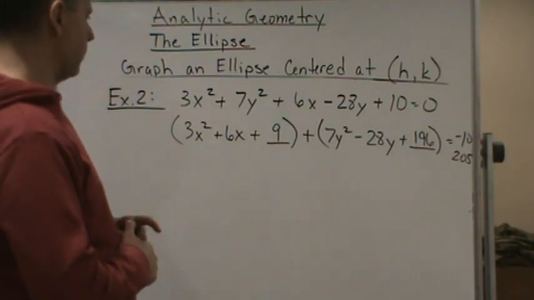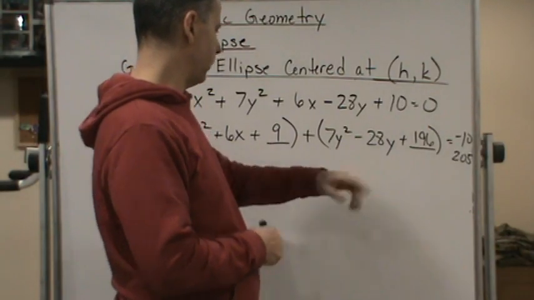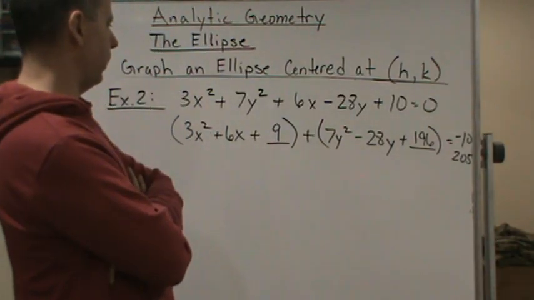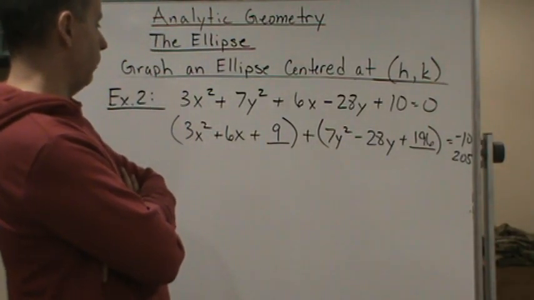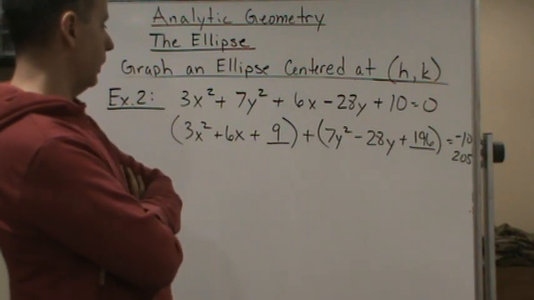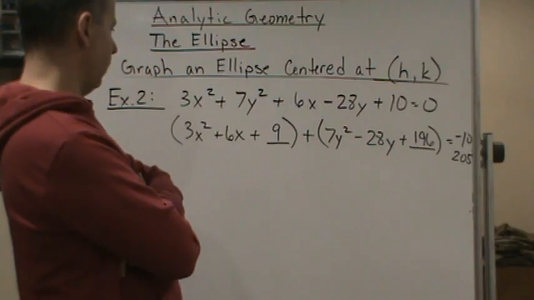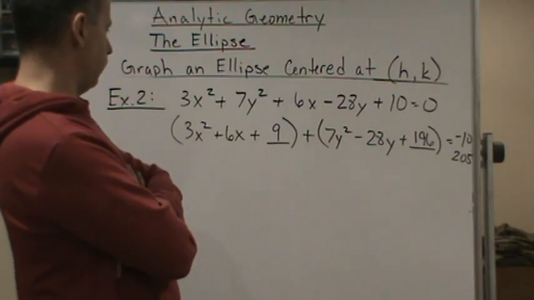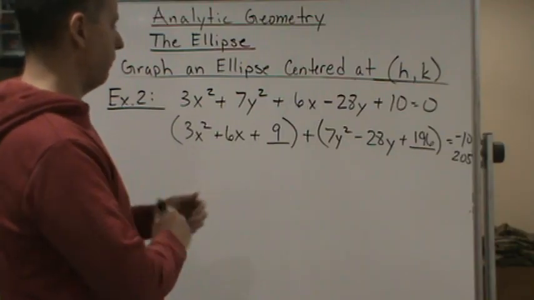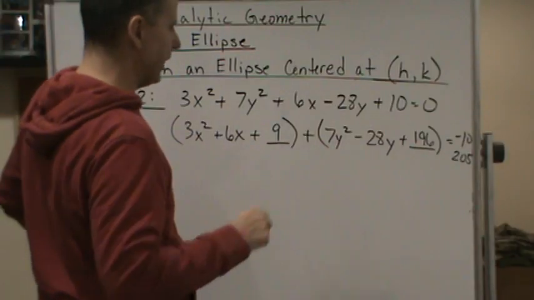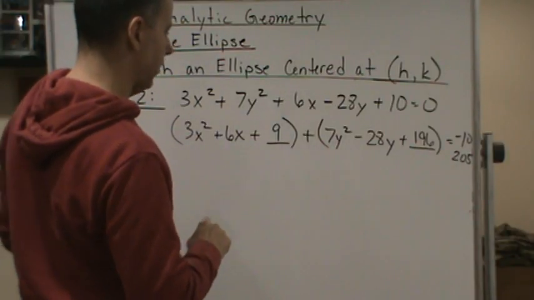Okay? So let me just make sure I did this right. Yeah, 196. Yep. So that's 205. Yeah, that's right. So it'll give me 195 on that side.